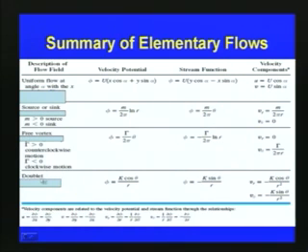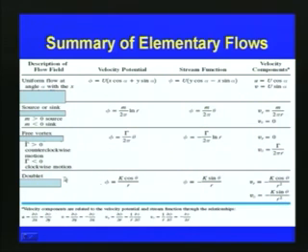And finally, we have seen the doublet. For the doublet we have defined the velocity potential phi equal to k cos theta by r, where k is the strength of the doublet, and psi is equal to minus k sin theta by r, and then the radial velocity Vr is equal to minus k cos theta by r square, and V theta, the tangential velocity, is equal to minus k sin theta by r square.